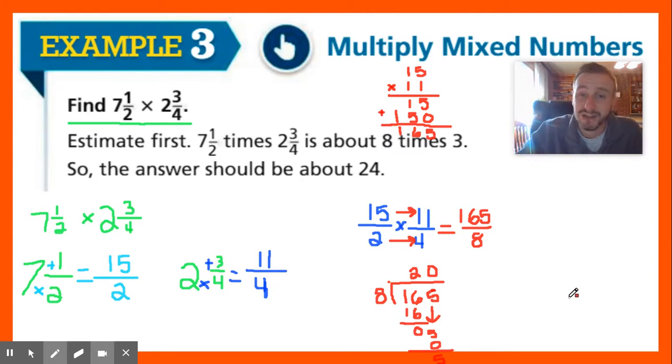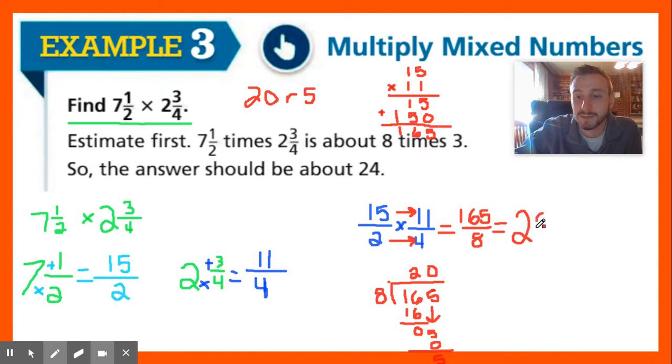So let me teach you a trick. If you remember last week, I showed you how when you do have a remainder, we don't want to write 20 R 5. We don't want to do that anymore. We either want to keep dividing until you have no remainder, right? And so you'll have 20 point some decimal, right? Or what you can do is you can make it into a fraction. What you do is you take your answer, 20, you write it nice and big, right?